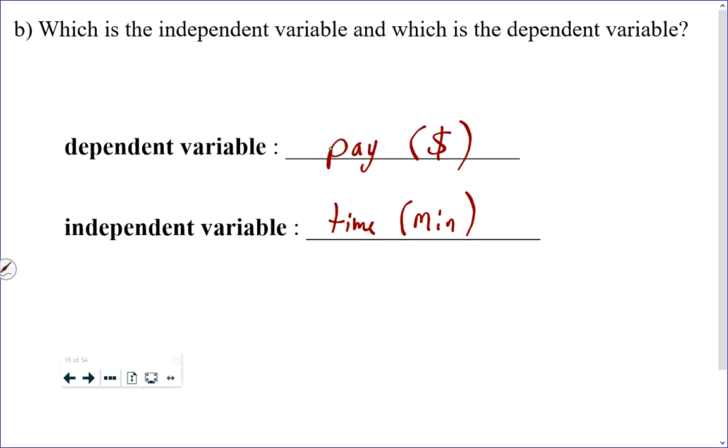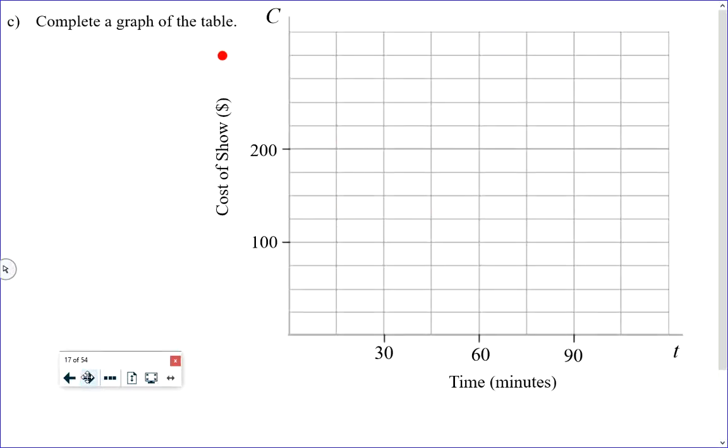So we're going to start plotting these points now. So you have the table in front of you. I'm going to ask for your help a little bit because I don't have the numbers right in front of me. But I think for 15 minutes, which was here, I believe it was $75.